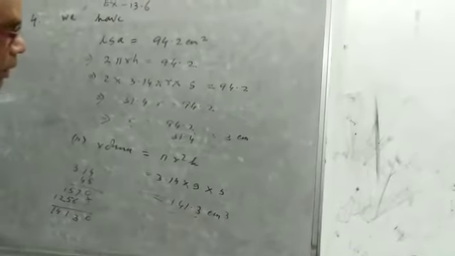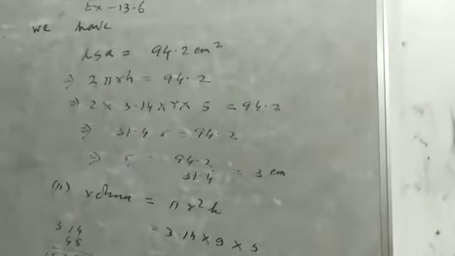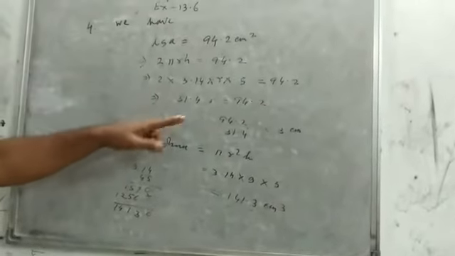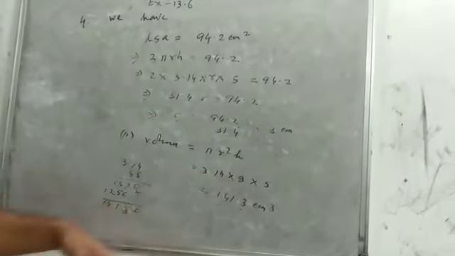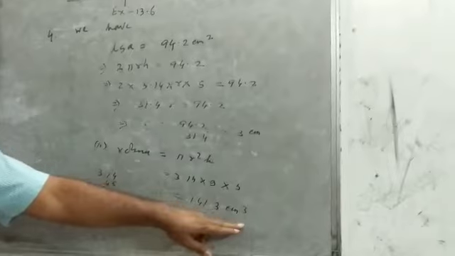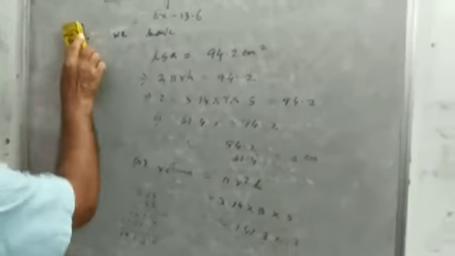So this is the volume of that cylinder. Is that clear? The first part, the radius is 3 centimeter, and the second part, the volume is 141.3 centimeter cube. So this is the answer. So question number 4 is finished.